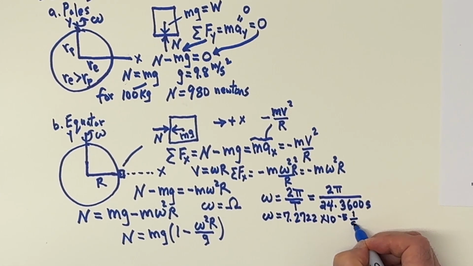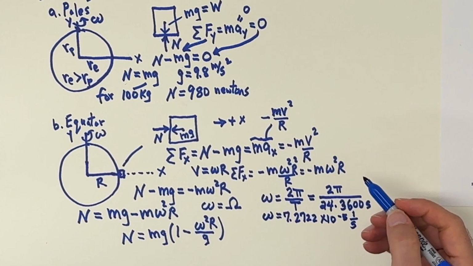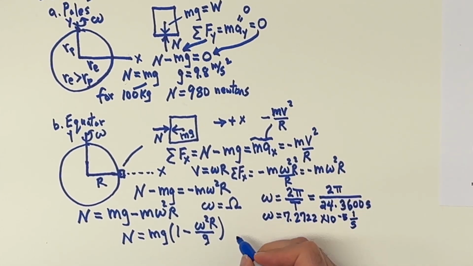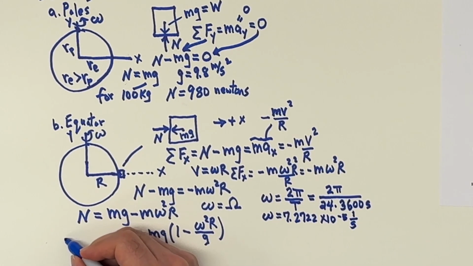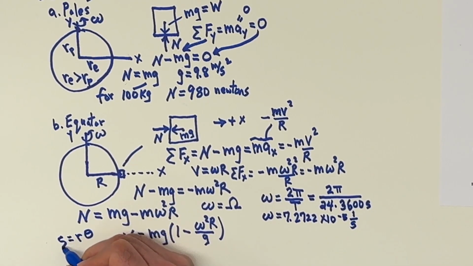radians per second. We don't usually write radians in, since radians technically has no dimensions. If you look at your formula for radians, S is r theta, r is in meters, the arc length is in meters, and then this is dimensionless.